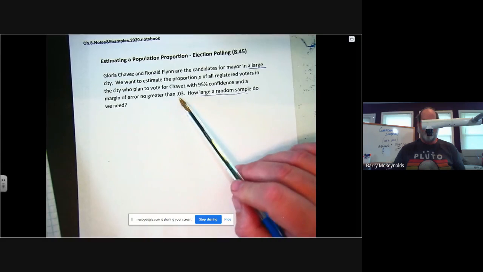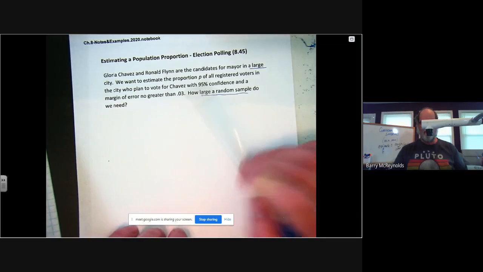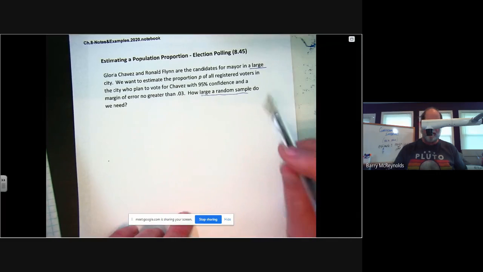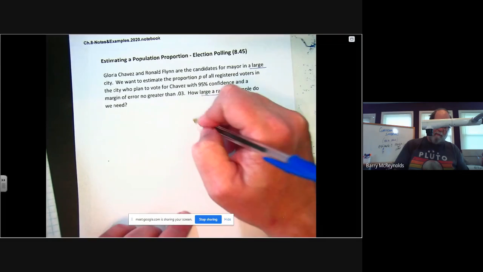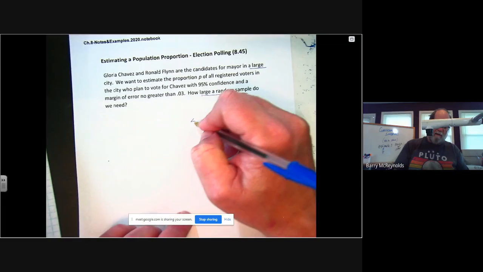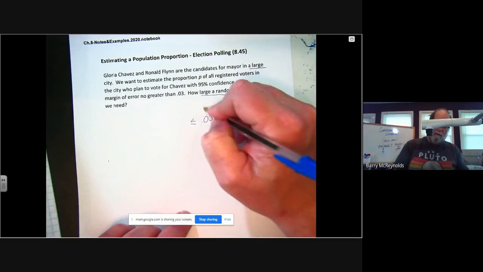They say, okay, we can live with a margin of error of 3% or 5% or 1%, whatever that number is. They decide what the margin of error is going to be, and they want it no greater than 0.03. So we want the margin of error to be less than or equal to 0.03.